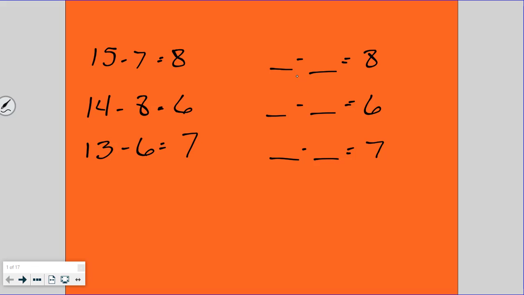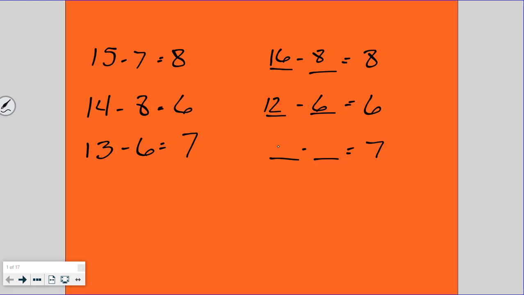All right, so I'm going to just show you what I came up with. So I came up with 16 minus 8. And just to tell you now, I tried to do double facts for a couple of them. And then I did 12 minus 6 equals 6.